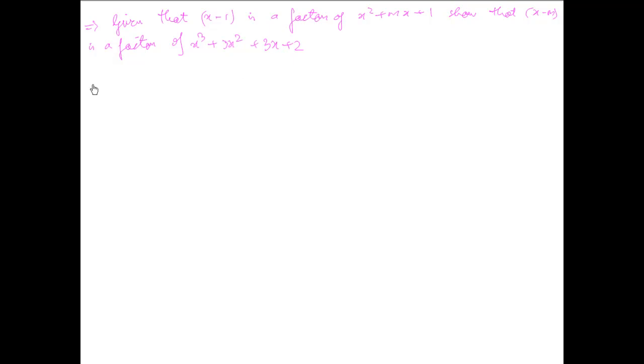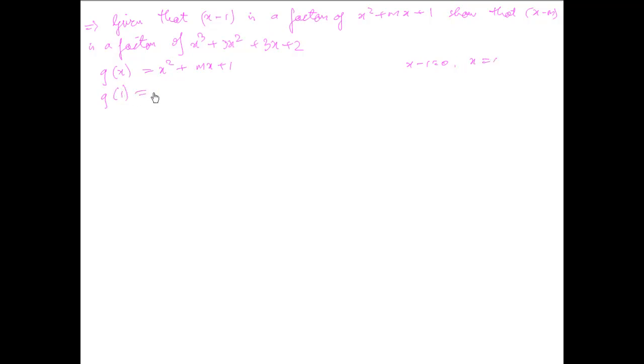Now, children, x minus 1 has been given to us as a factor. So we'll take the expression as g of x is equal to x squared plus mx plus 1, where x minus 1 equals 0, x is equal to 1.